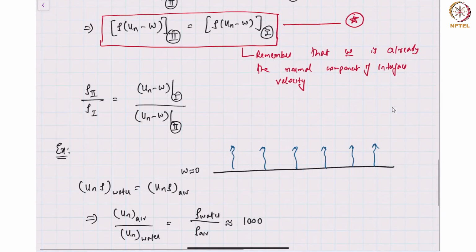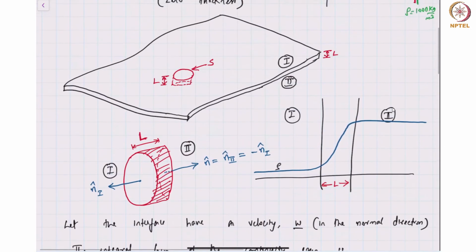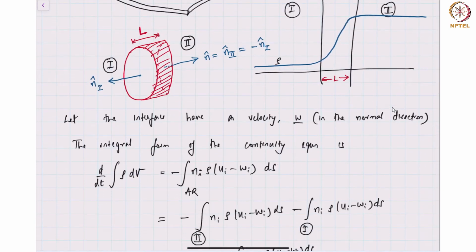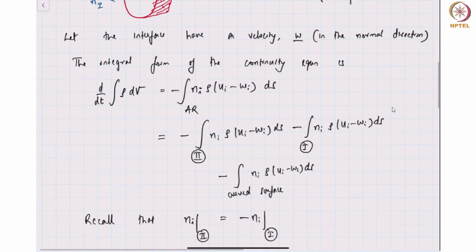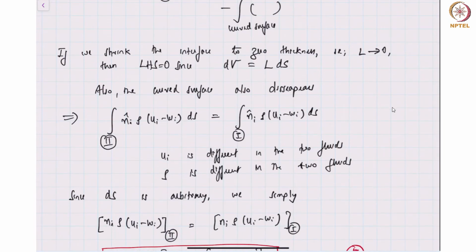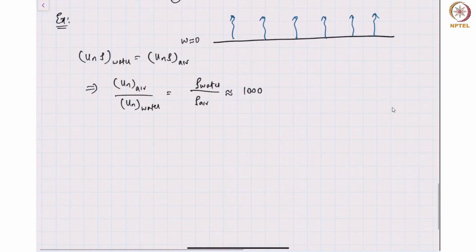Okay. So the first step that we have achieved in this calculation so far is we've derived the jump conditions for the normal component of the velocity at an interface. How did we do this? We did this by starting with the integral form of the continuity equation. Now we will start with the integral form of the momentum equation and derive jump conditions at the interface for quantities such as stresses.